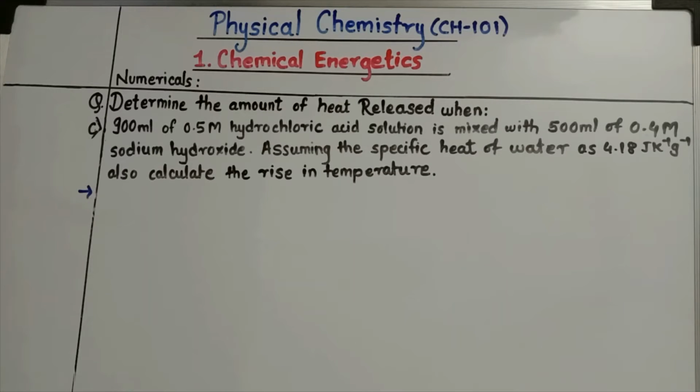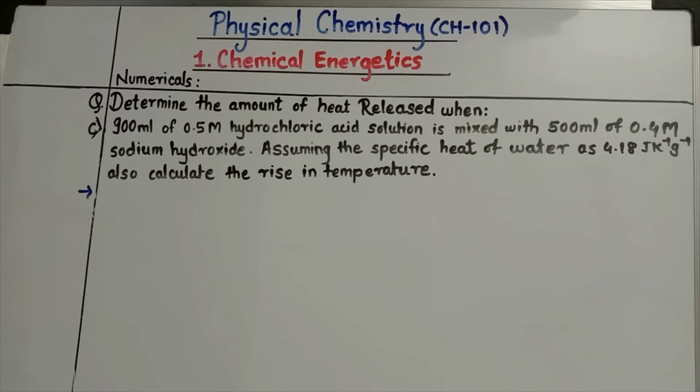Our next sub-question is: when 900 ml of 0.5 molar hydrochloric acid solution is mixed with 500 ml of 0.4 molar sodium hydroxide, assuming the specific heat of water as 4.18 joule per Kelvin per gram, also calculate the rise in temperature.